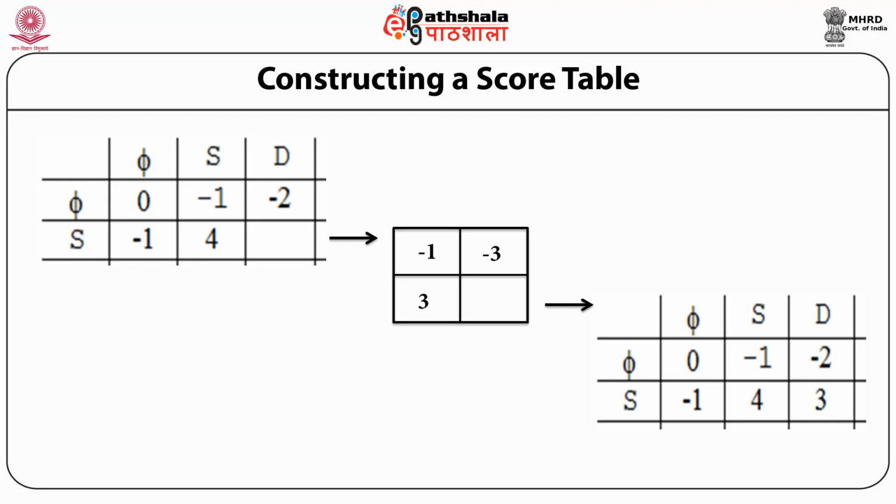We have again arrived at 3 numbers, 3, -1 and -3 from the left, diagonally upper left and upper cell respectively. We'll again select the maximum number out of these 3 and place that number in the cell under consideration. Since 3 is the maximum, we put a 3 in the empty cell.